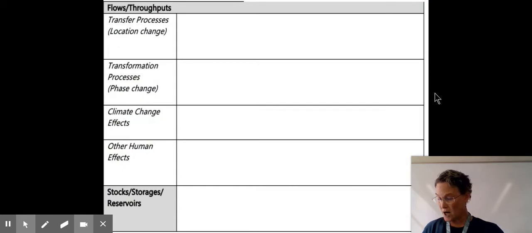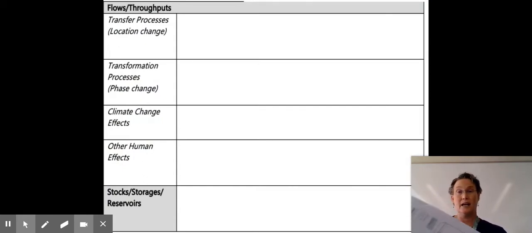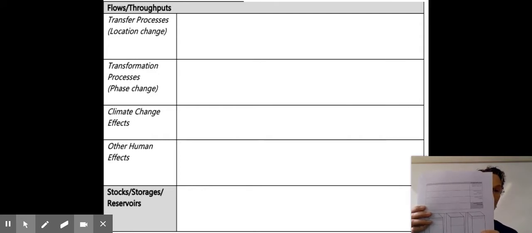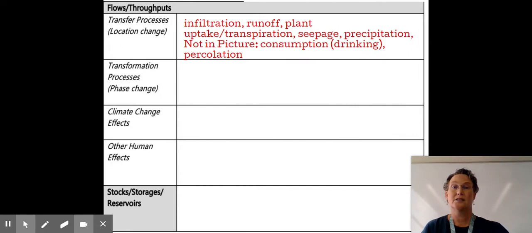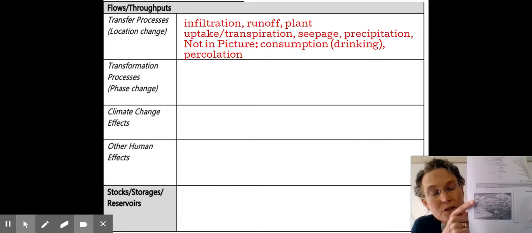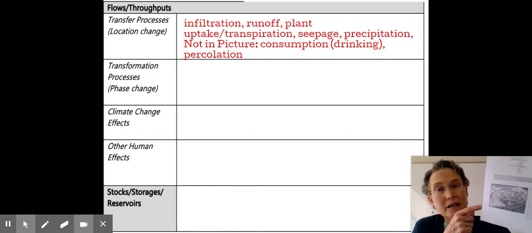And now we're going to talk about the flows and throughputs, okay? So this part here is where you're filling these things in. You probably need to take a little bit of time, and you're comparing it to this figure, all right?